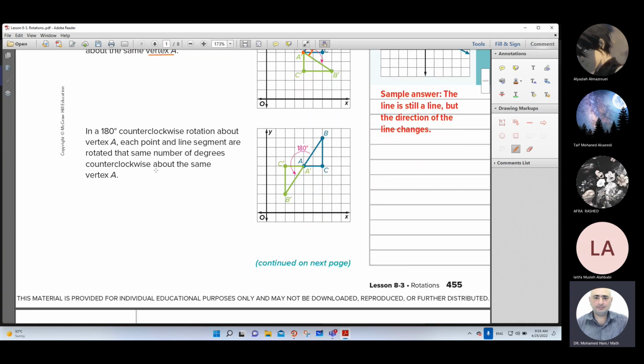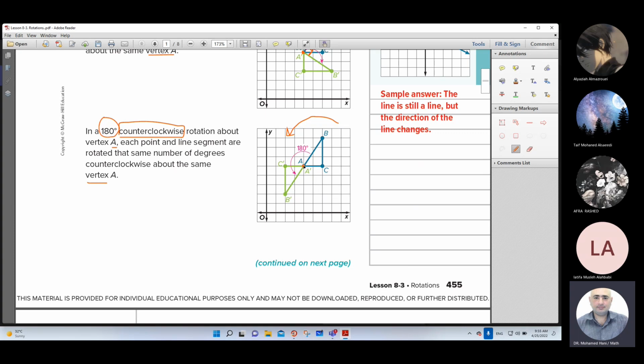And the second example here, in a 180-degree counterclockwise rotation about vertex A, each point and line segment are rotated that same number of degrees counterclockwise about the same vertex A. As you see here, we have the pre-image, this is the triangle ABC, and the center of the rotation is A. We want to rotate from right to left, which means counterclockwise, and the angle of the rotation is 180.